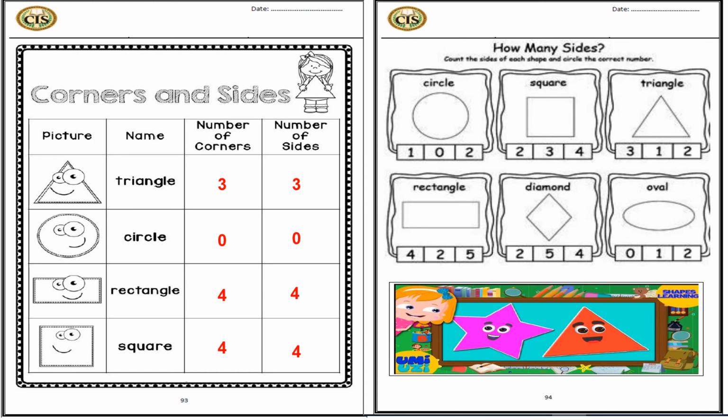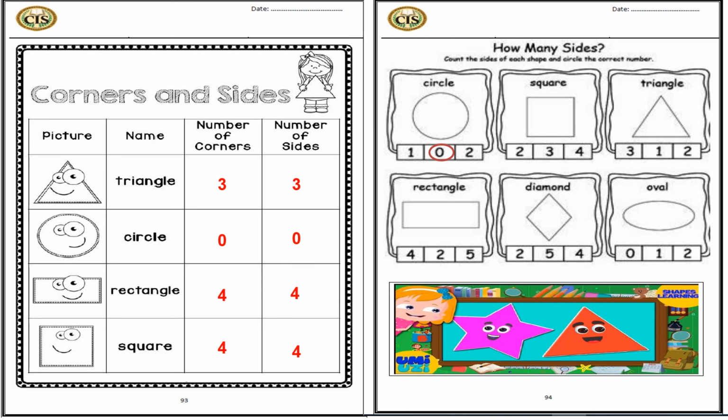Now let's see how many sides in each of these shapes. First shape is circle. Let's choose the correct answer. How many sides in the circle? 0. Excellent. And how many sides in the square?